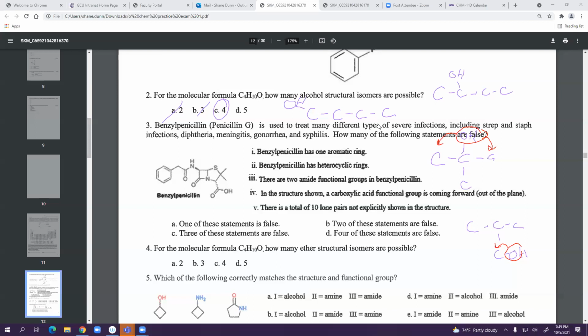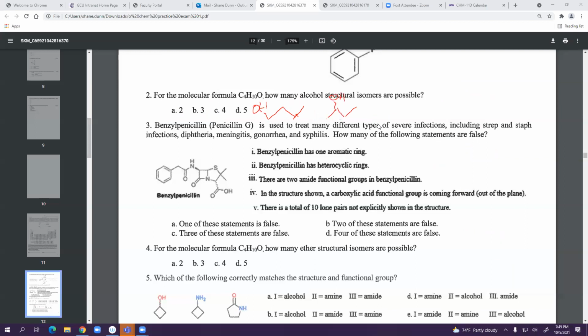I can draw those. Do you want me to draw those out for you? Yeah, just confused. Okay. I don't do line dot very often because a lot of students don't like it, but if you want me to do it, sure. 1, 2, 3, 4. All right. Here's your OH. 1, 2, 3, 4.